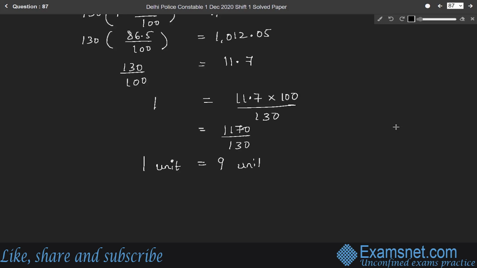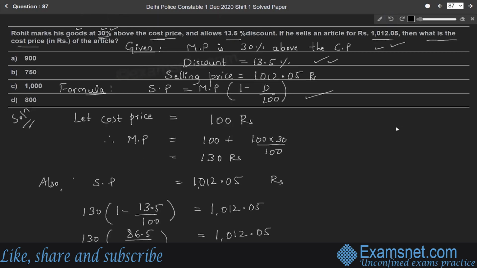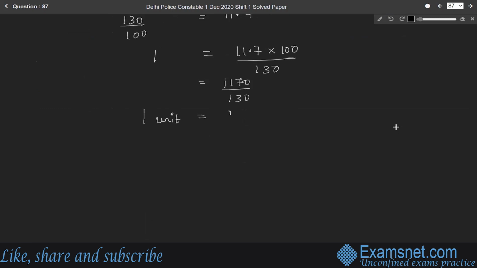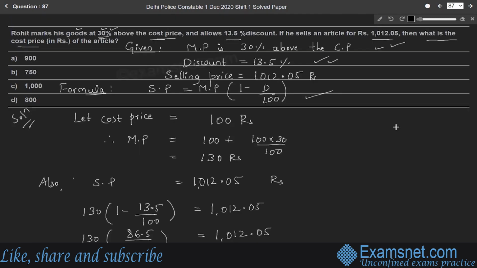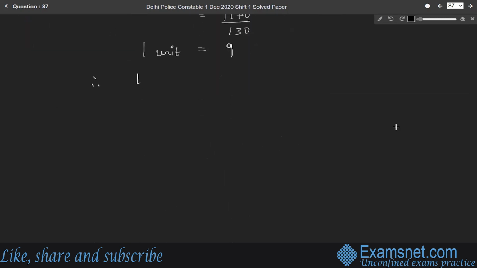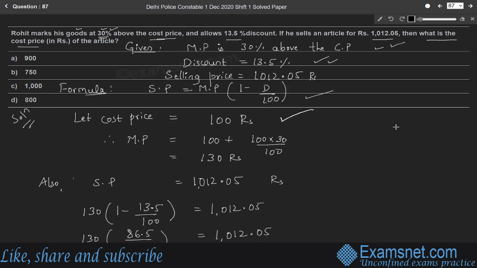According to the first part of the solution, let us assume cost price be 100 rupees. Therefore, 100 units is equal to 900. Right? Therefore, cost price is equal to 900 rupees. Therefore, option A is the right answer.